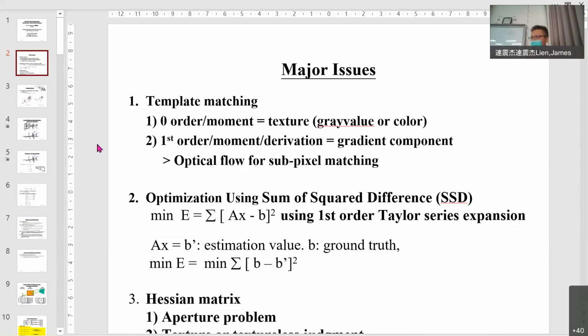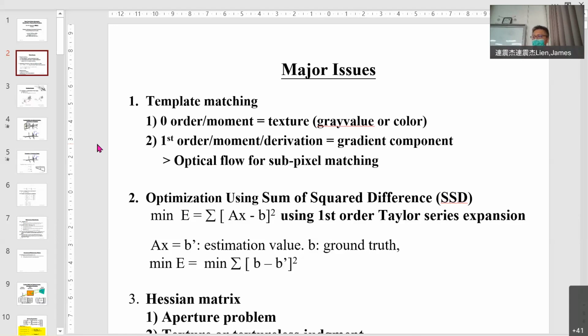If you are a mechanical engineer, you will find many people use the Kalman filter. The Kalman filter is one kind of prediction. And in computer science or EE, or for computer vision, people sometimes use what we call the particle filter.